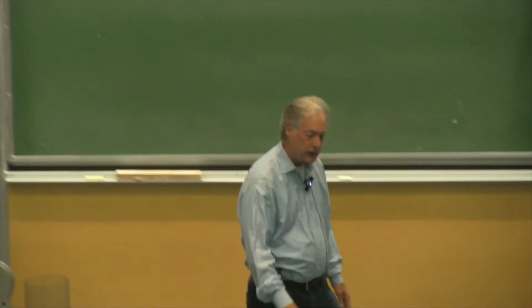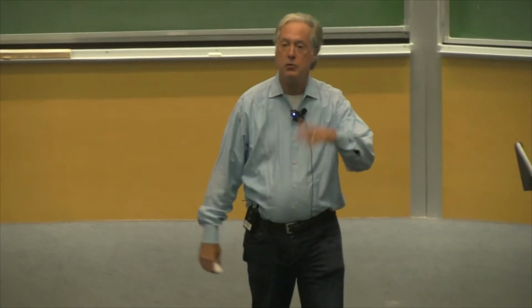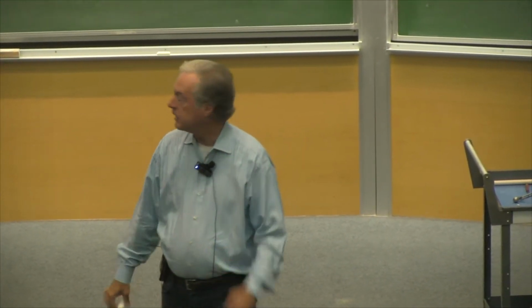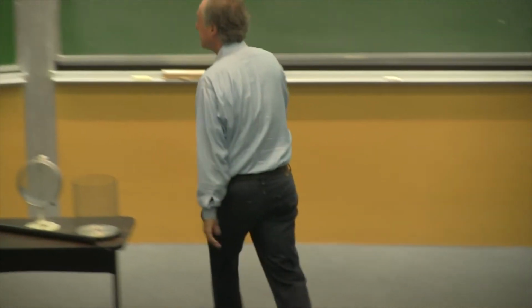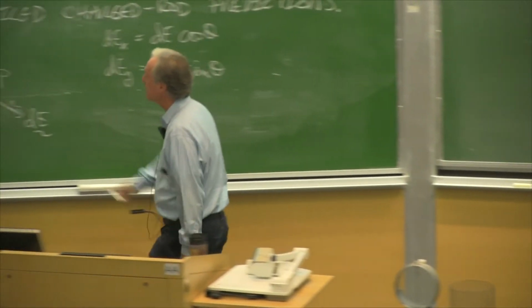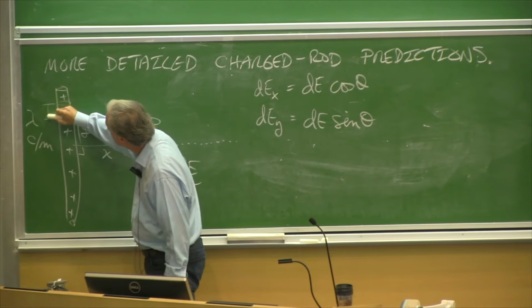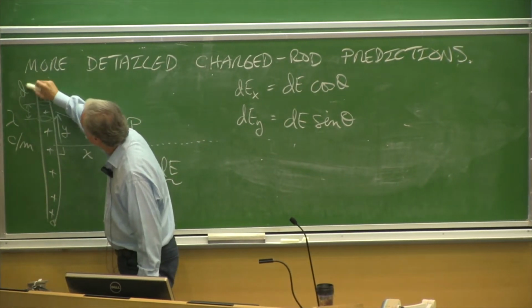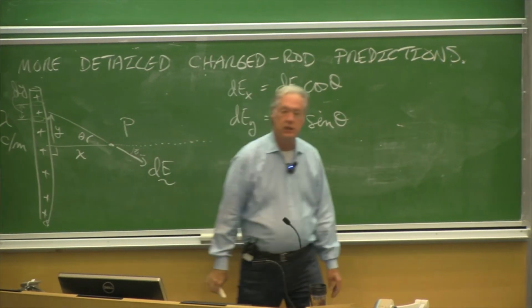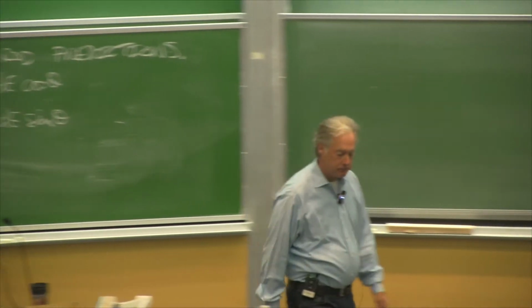If I have an infinitely extended rod, then for every little element dy up above, let's label this extent as dy. There's some charge in there.